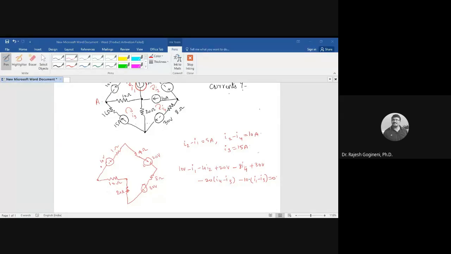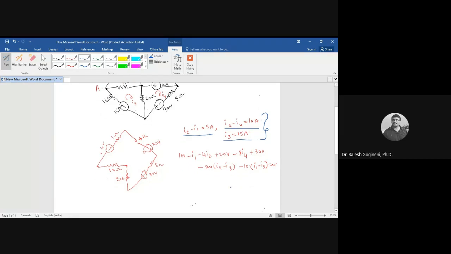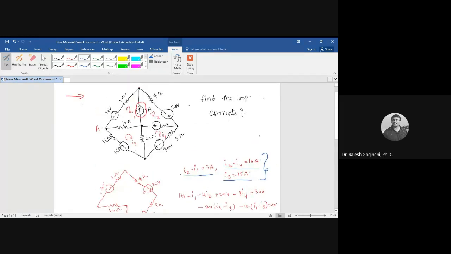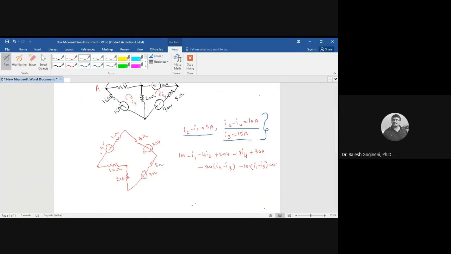So this is the single KVL equation we got from this problem, and three more relations we got already: I2 minus I1 is 5 amperes, I2 minus I4 is 10, I3 is 15 amperes. So use these three relations and simplify this equation, converting it into a single variable form. We need to find all the loop currents, that means I1, I2, I3 and I4, 4 currents.